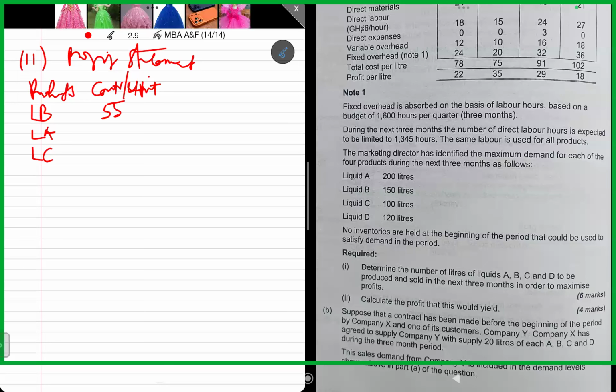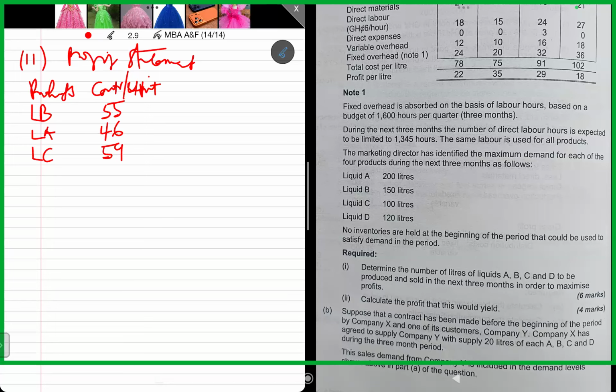Liquid A, 46. Liquid C, 59. Then we would multiply this contribution per unit. They specify the unit to be liters, so it's the same as contribution per liter.